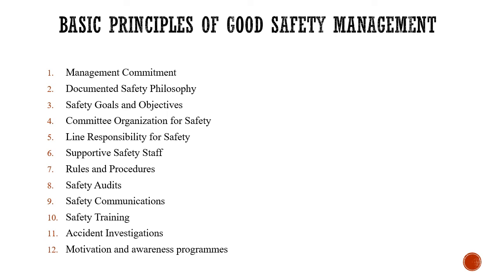Periodical safety audits should be conducted, and safety communication should be there. Education and training for safety should be provided for the employees. Accident investigation should be there, and motivation and awareness programs should be provided in view of safety in the organization.